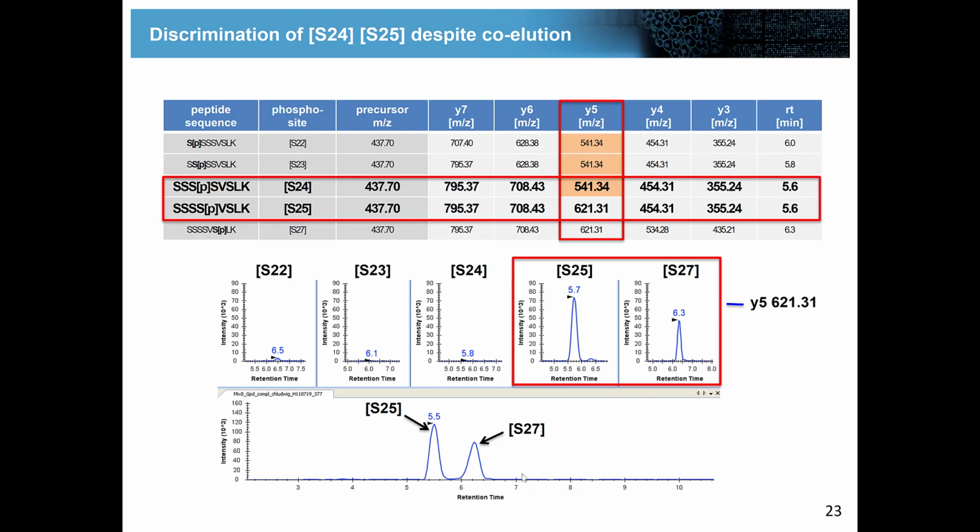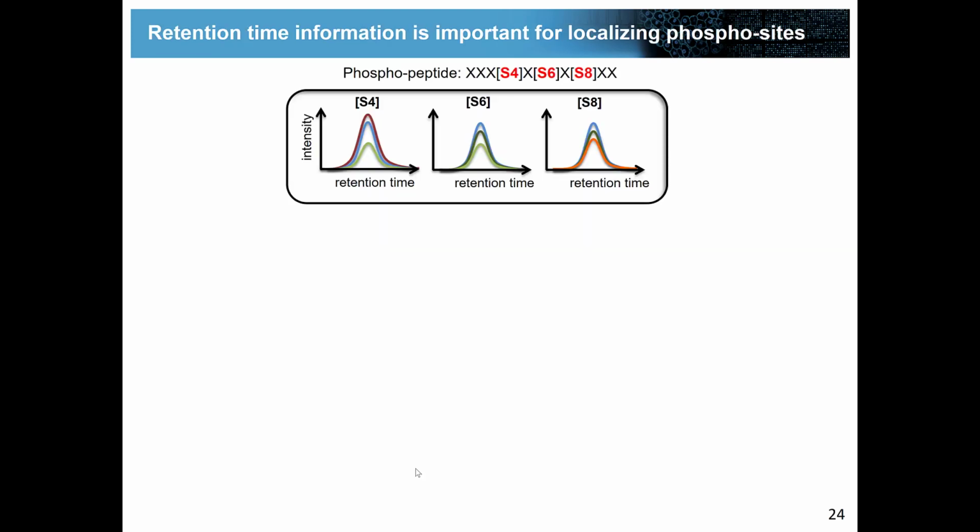So now in this example, I could nicely quantify serine 25 using this transition, even though it's perfectly coeluting with serine 24. Does it make sense?